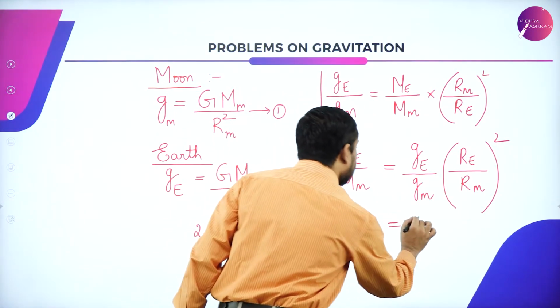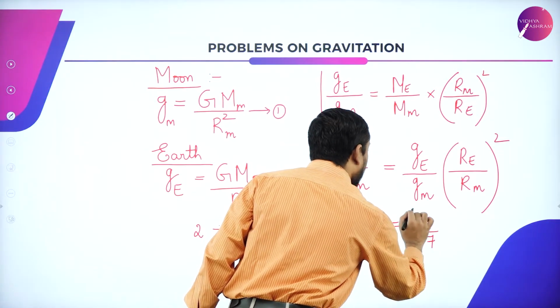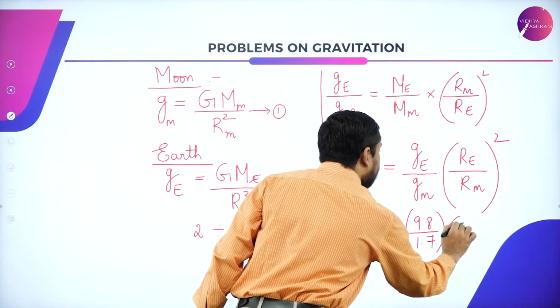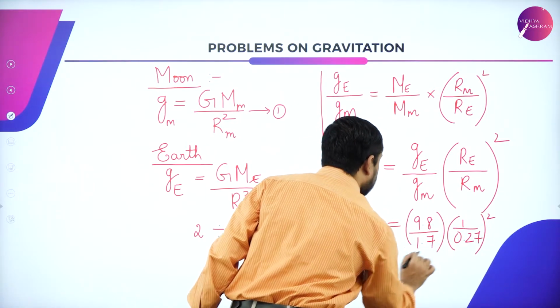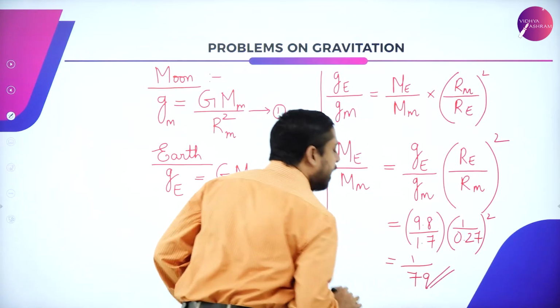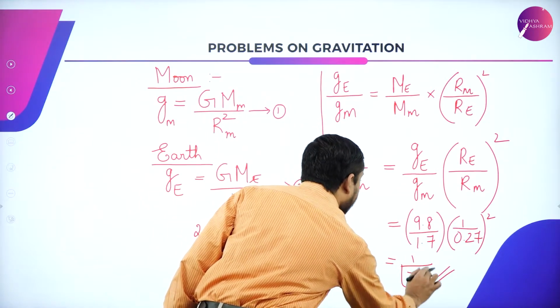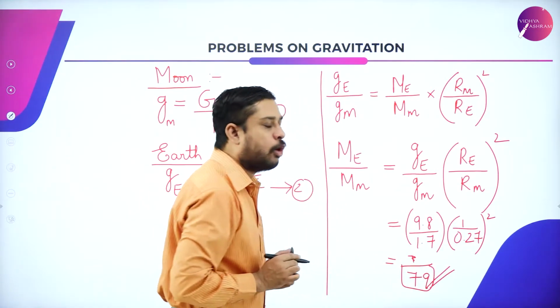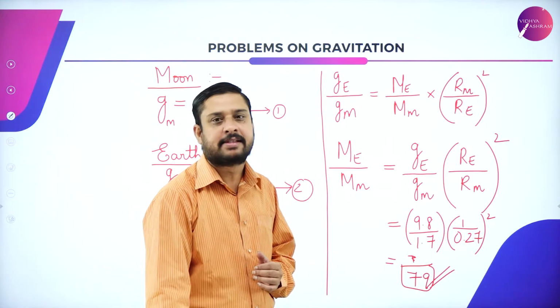So this is 9.8 by 1.7, into 0.27 whole square. So on simplification, the ratio turns out to be 79. So 79 is to 1 is the answer.